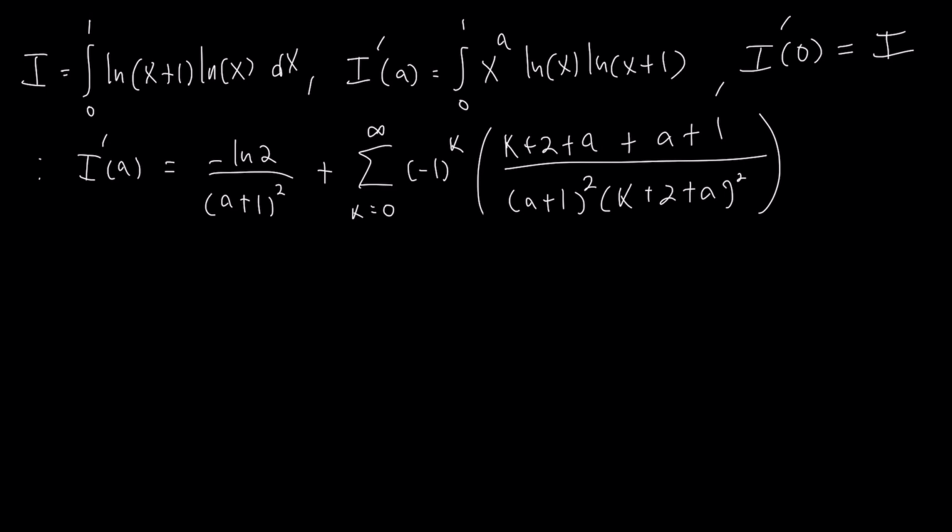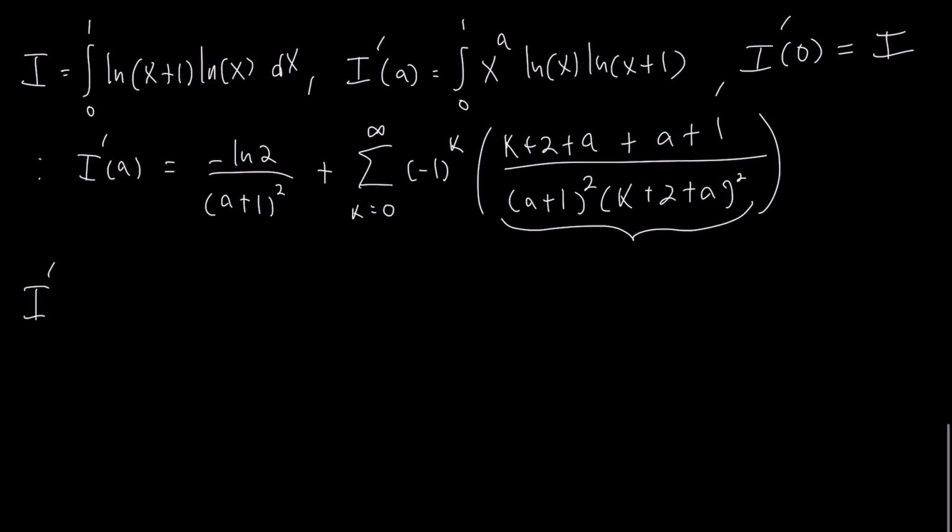So now after differentiating, we have the following expression. We have negative log 2 divided by a plus 1 quantity squared plus the sum from 0 to infinity, negative 1 to the k, and then k plus 2 plus a plus 1 divided by a plus 1 quantity squared times k plus 2 plus a quantity squared. And notice we could break apart this fraction.